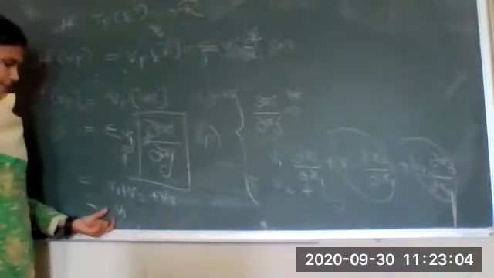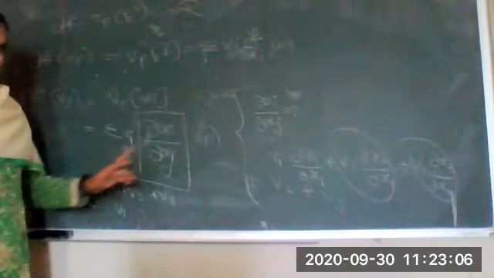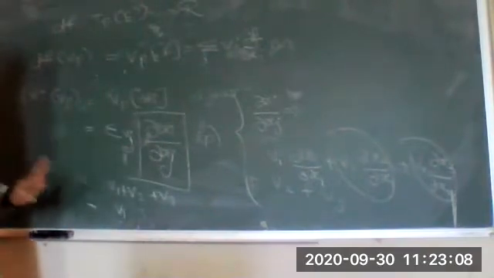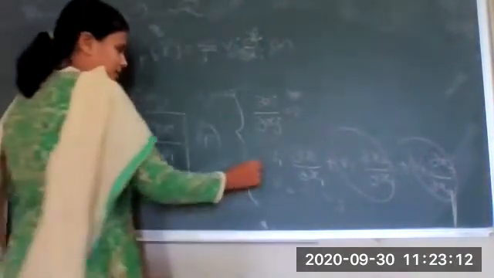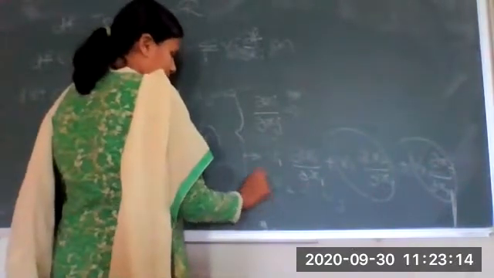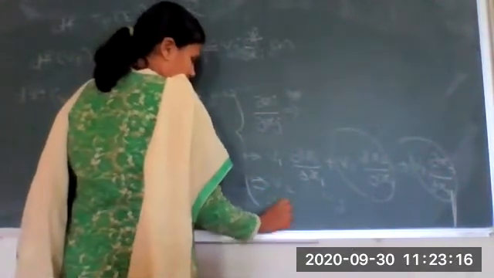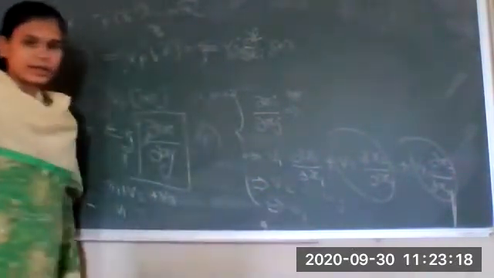That means if I run the summation, first I get v1, the second time I get v2, and the third time I get v3.